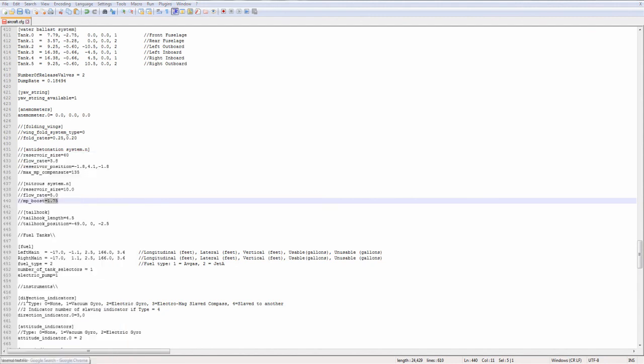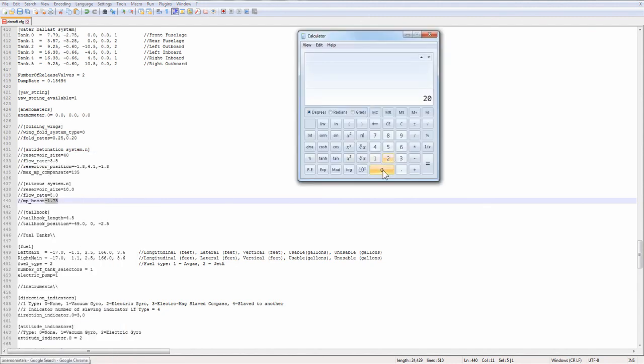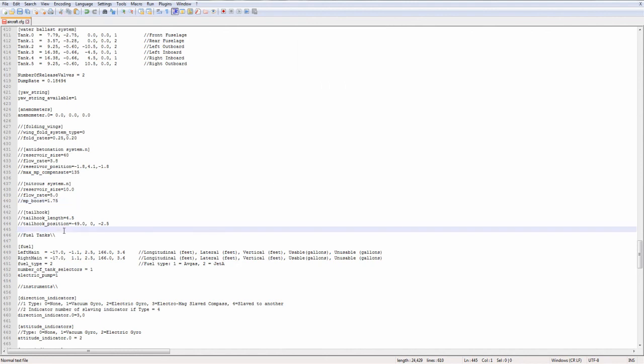So if we bring up the calculator, let's say we're at 20 on the manifold pressure, and when we engage nitro, it multiplies by that number, let's say 1.25. So we'll get a boost up to 25 manifold pressure. And that scales with your throttle position, by the way.